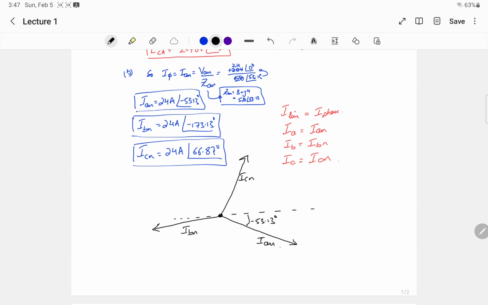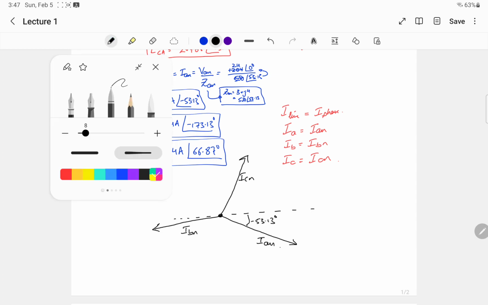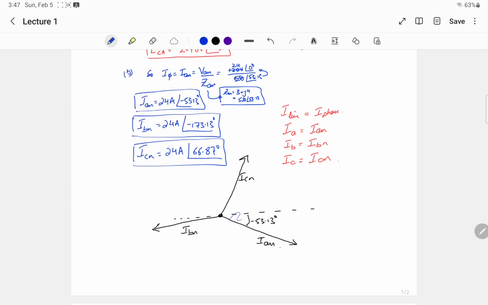So where will be our line currents? The line currents are identical to the phase currents. So we can say this is also equals to IA. This is also equals to IB. This is also equals to IC.